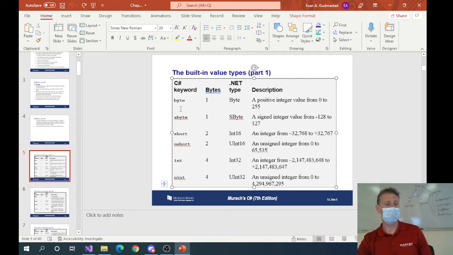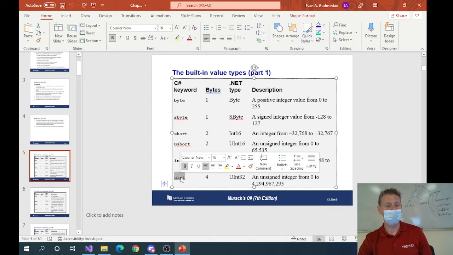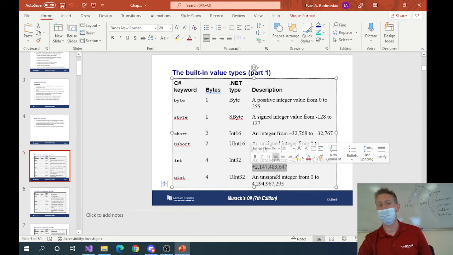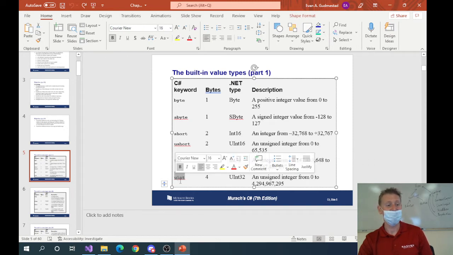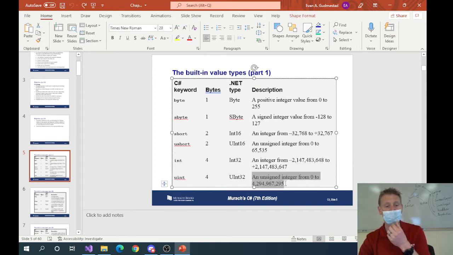So we got, again, bytes, signed bytes, shorts, unsigned shorts, ints, unsigned ints. An int is basically negative 2 billion to positive 2 billion, whereas an unsigned int is all positive 4 billion.